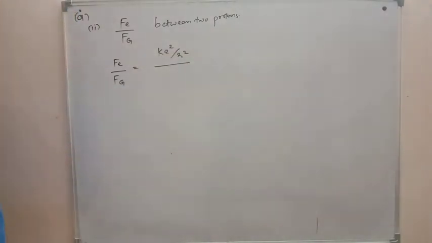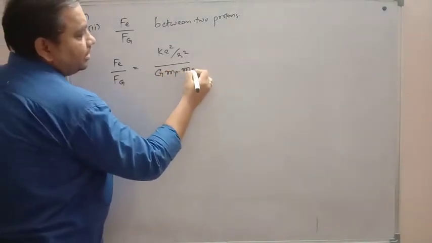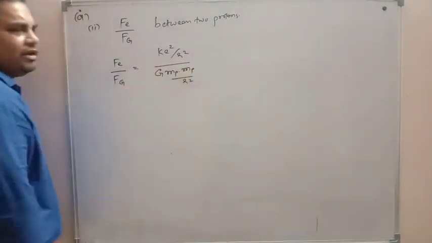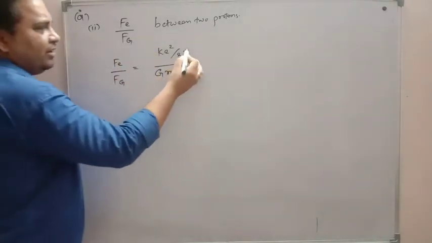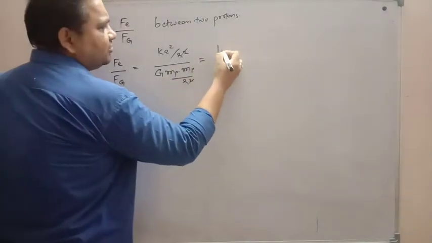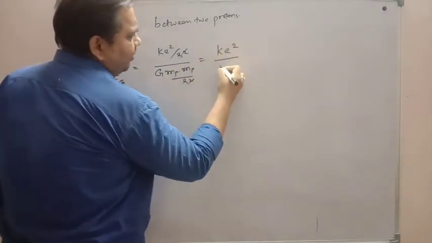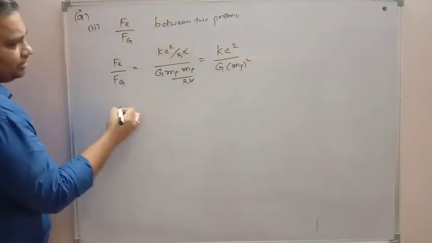Gravitational force between two protons is G mp by r square. Over here both are protons, so mass of proton will come as mp into mp. R square will get cancelled. This is K e square by G mp square.